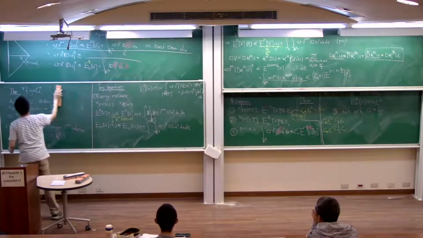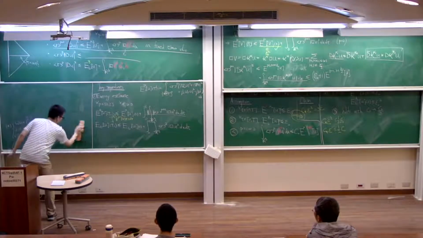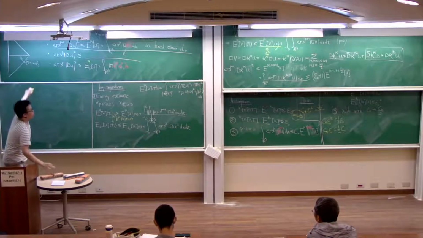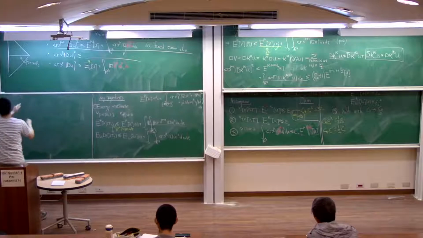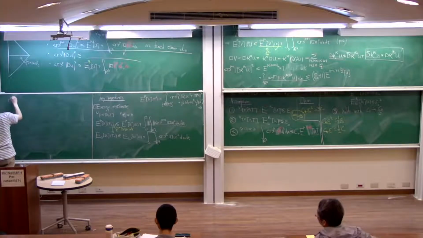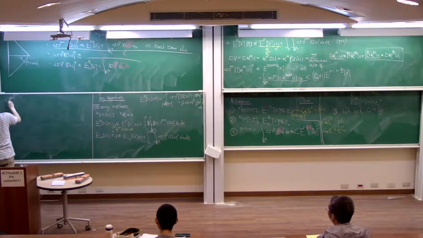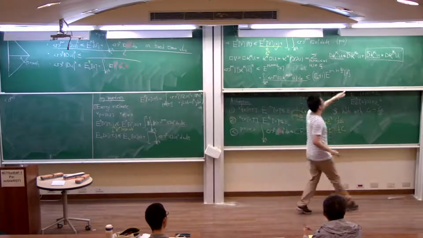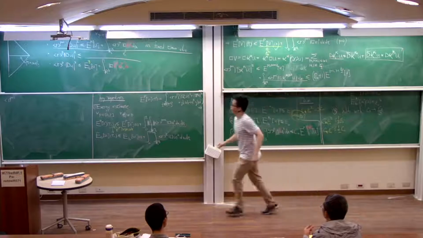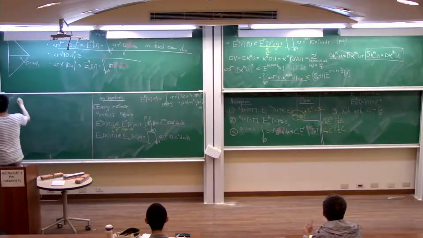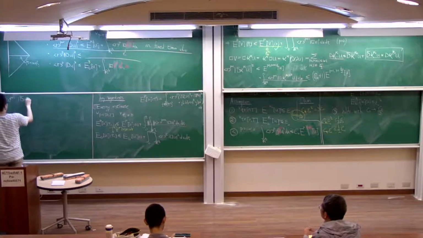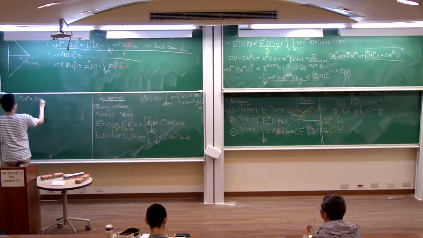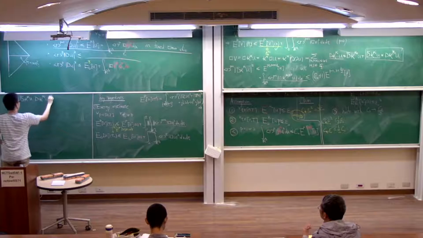Let me erase the main theorem. Therefore, Rp plus 1 times this term squared, d bar k alpha 1 u times d k alpha 2 u squared.